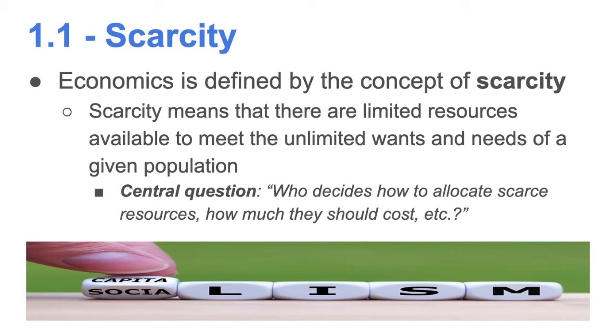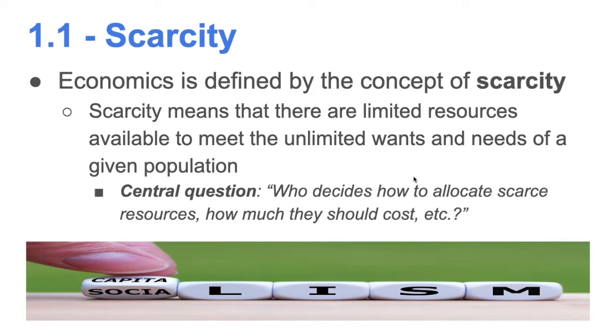Section 1.1 is very brief. It is there to make sure that we all understand what this course is all about. The science of economics itself is defined by this idea, scarcity. There are scarce resources available to meet essentially unlimited wants and needs in a population.